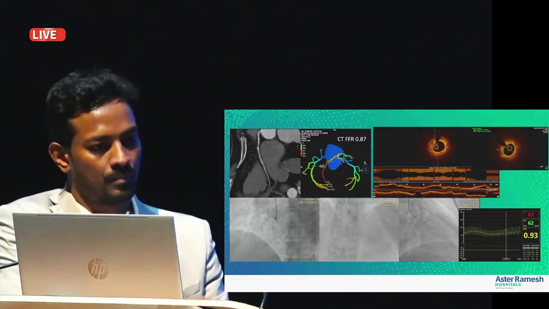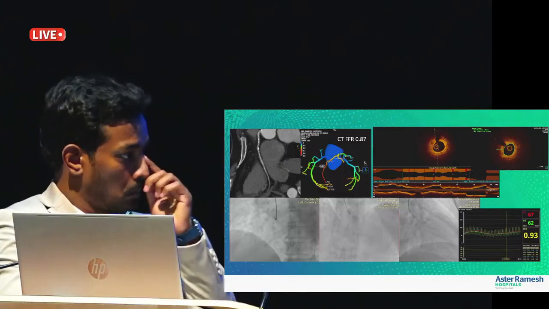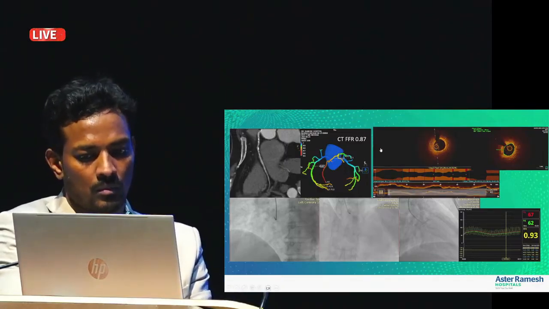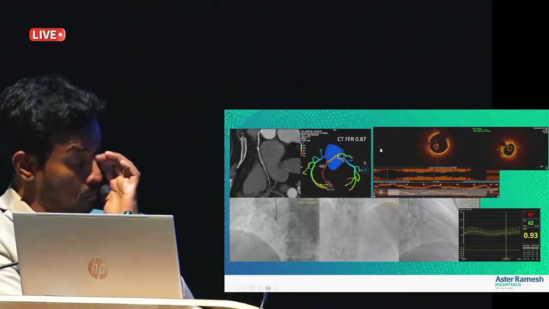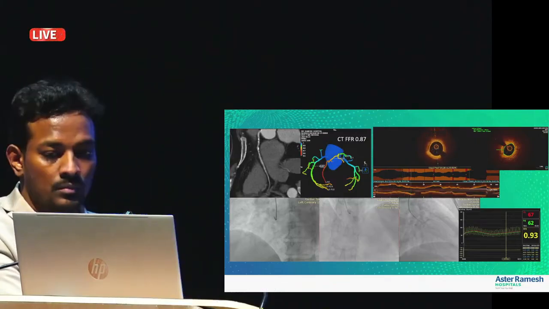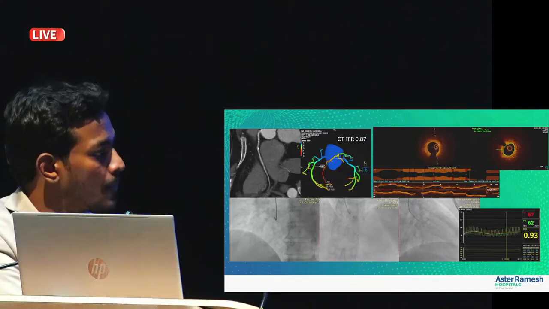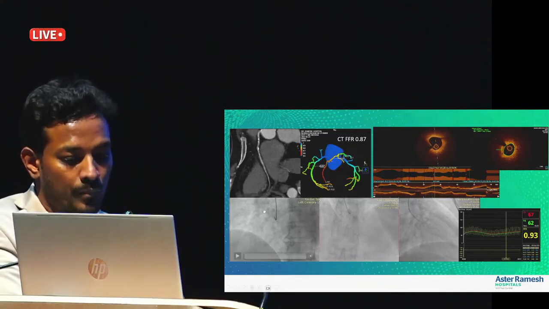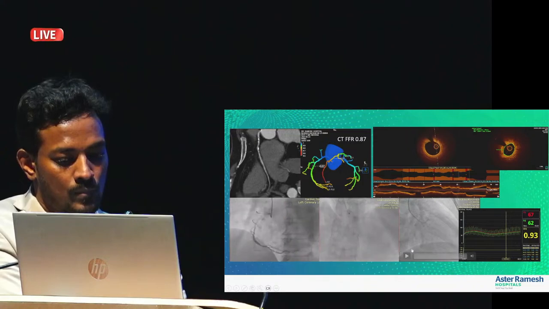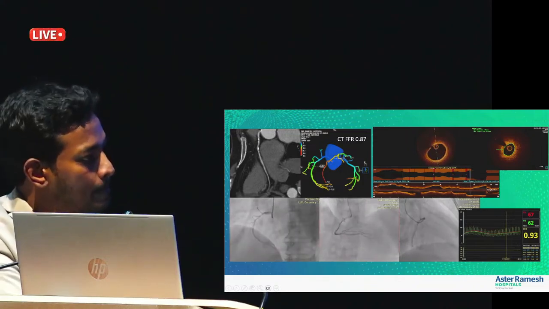Yes, sir. Can you please play the RCA OCT again? Angiographically, the lesion looks long, and on the conventional angiogram it also looks significant, but the FFR is negative. So you have to believe the FFR when you do FFR. The lesion is long.